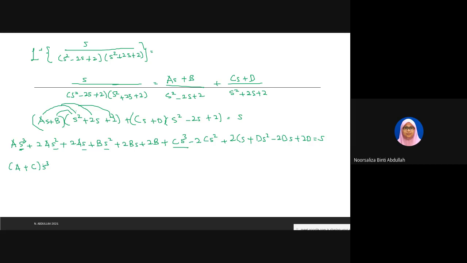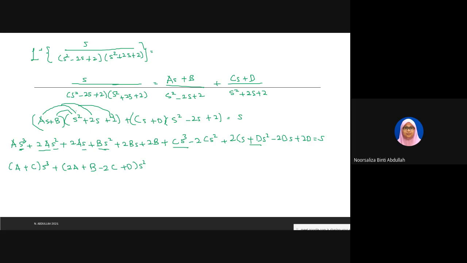Next S kuasa 2: 2A plus B, then minus 2C, and then you have plus D, S square.